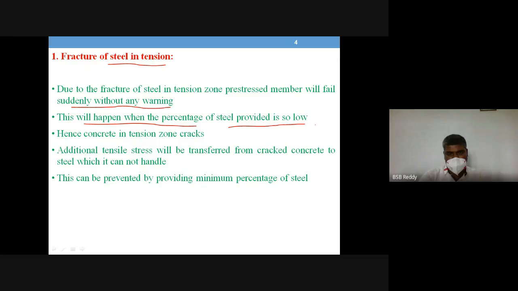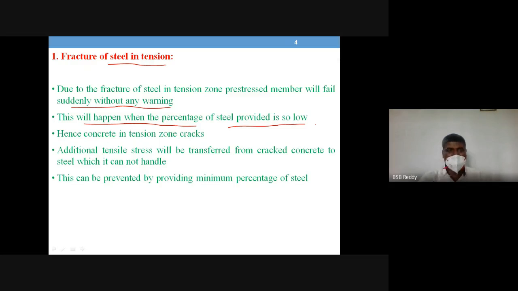Imagine that in the tension zone you have tensile stresses. Even in pre-stressed concrete you allow for tensile stresses, and you have provided very nominal steel.